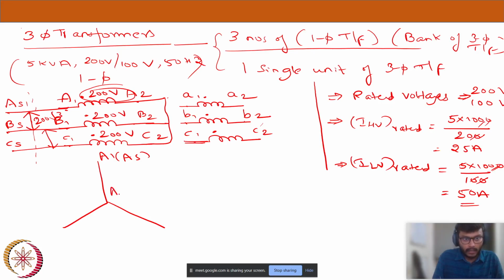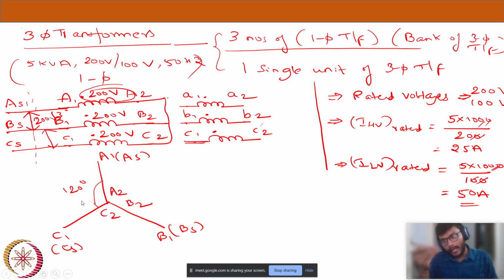So A1, A2 I have, and let's say this is B1. Since it's a balanced supply, each phase will be displaced by 120 degrees. So each phase will be 120 degrees apart. Now this is B1, which is nothing but BS, the supply, and this is B2, and this is C1, which is nothing but CS, and this is C2.